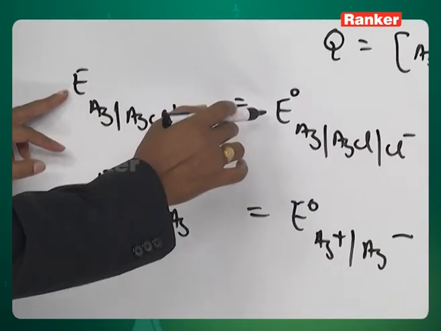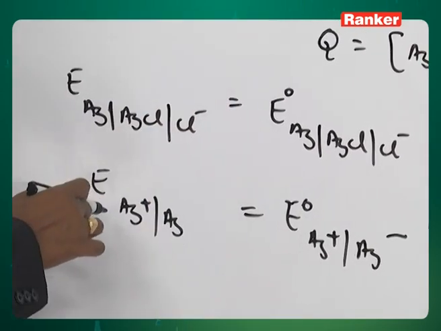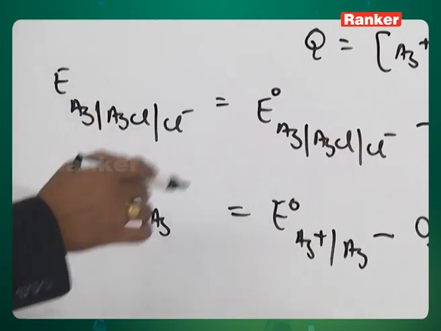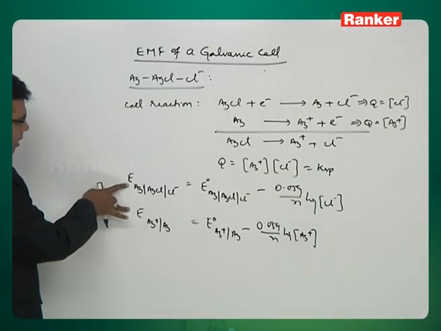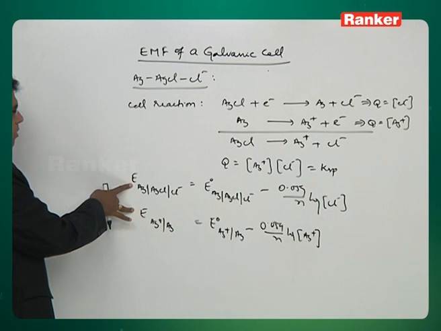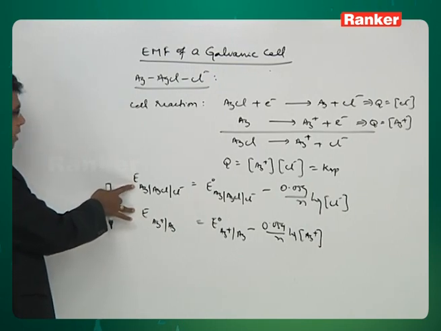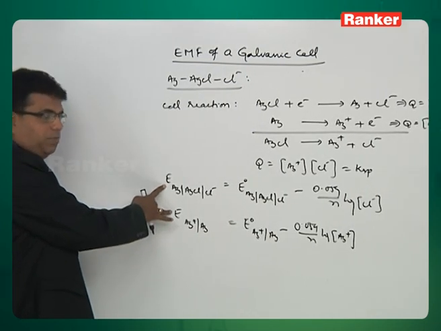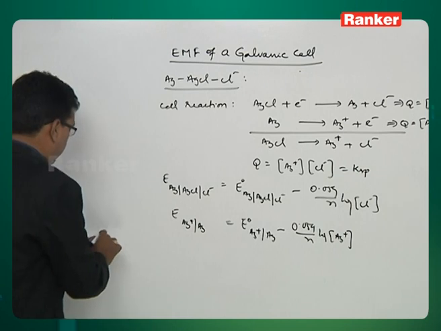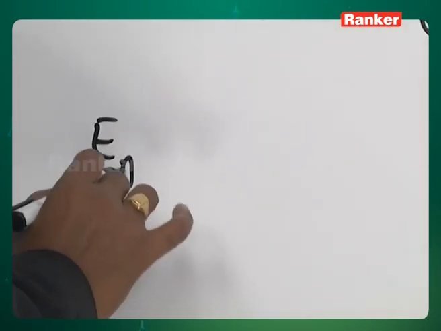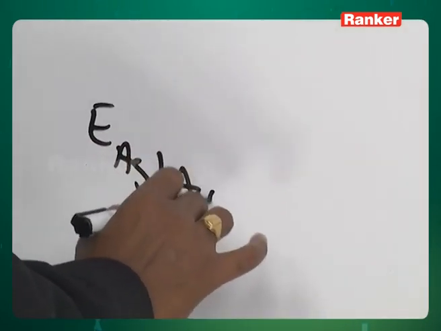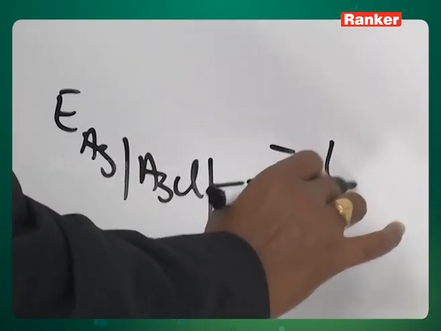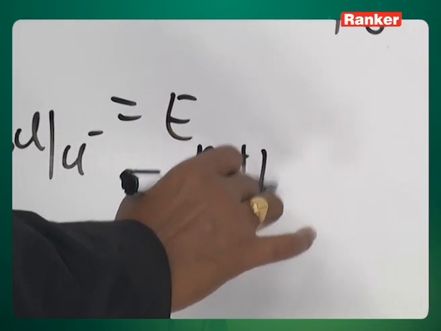Now, the EMF of this half electrode must be equal to the EMF of the second half electrode, considering these two as half cells of the same galvanic cell. So, the EMF of one half cell will obviously be equal to the EMF of the other half cell. So, E of Ag, AgCl, Cl minus will be equal to E of Ag+, Ag.